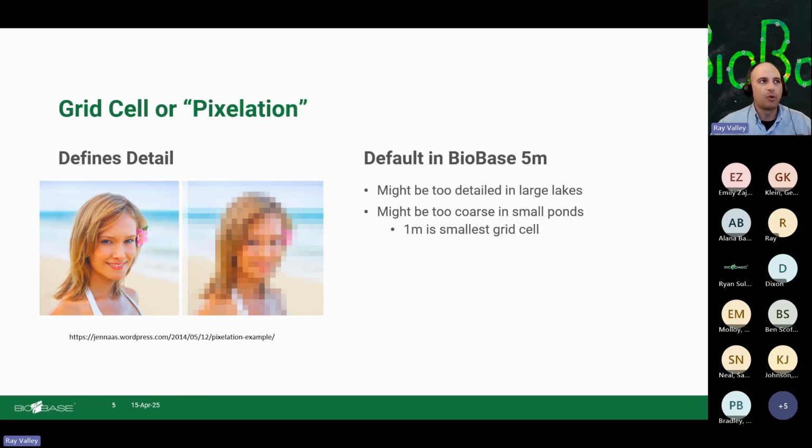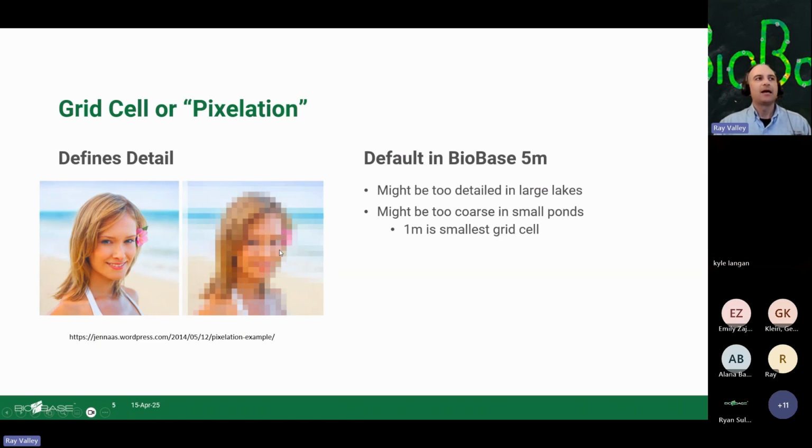Grid cell is also more popularly known as pixels. You should understand that. Especially with these cell phone cameras right now, the resolution is amazing and the detail is amazing. So you're really getting a lot of pixels, really small pixels, and a lot of them. The image on the right is very pixelated.